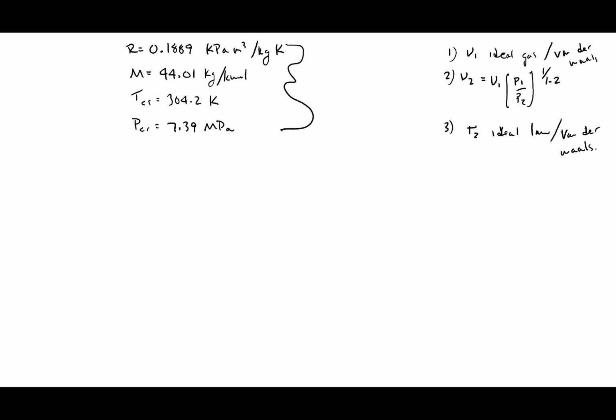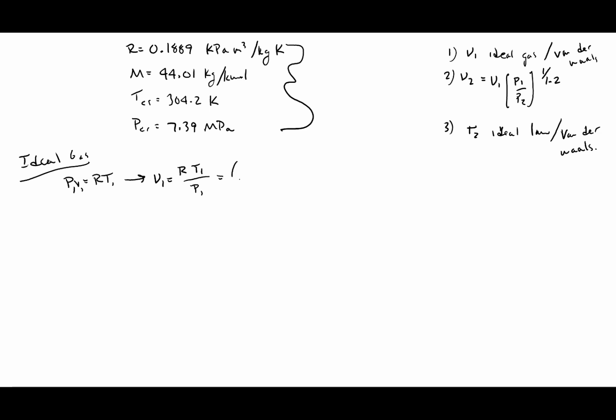Alright, so starting with the first step, and we're doing ideal gas first. We know that the ideal gas law is PV equals RT. And we want V1, so I'm going to specify that these are all 1. So V1 is equal to RT1 over P1.